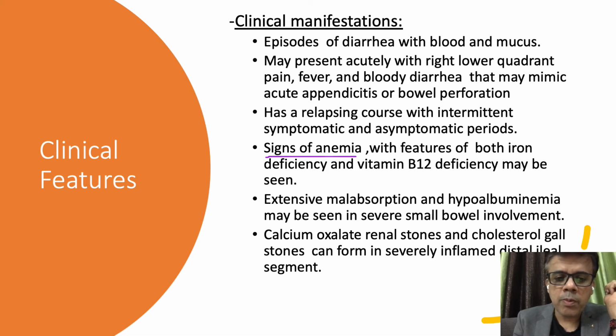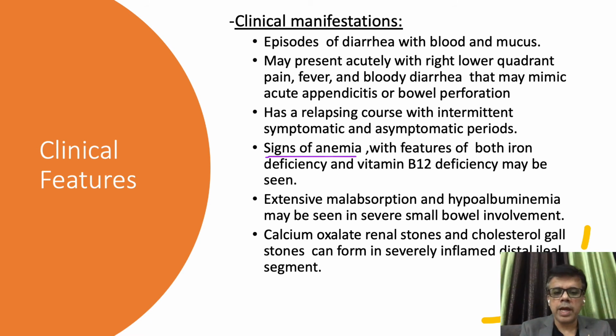So now more oxalate is set free, which gets absorbed, subsequently filtered through the kidney and deposited in the tubules, and it forms calcium oxalate renal stones.